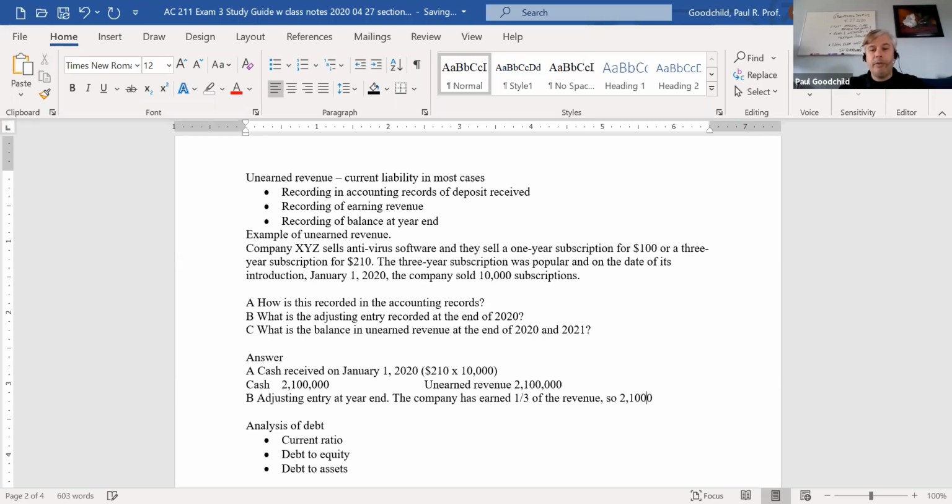So 2.1 million divided by 3 is 700,000. So we would record unearned revenue, a decrease of 700,000, and revenue of 700,000.